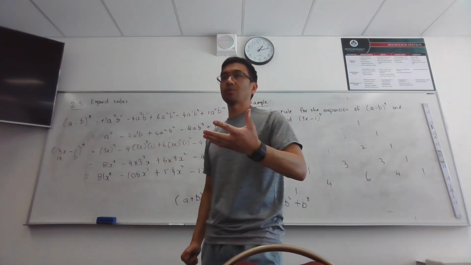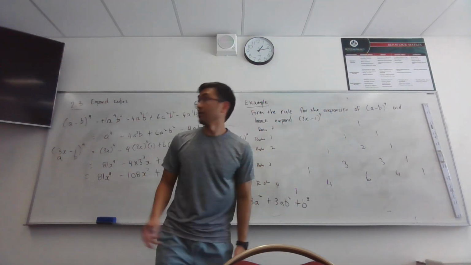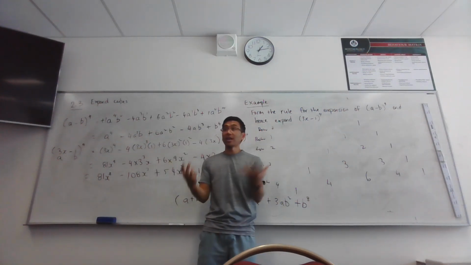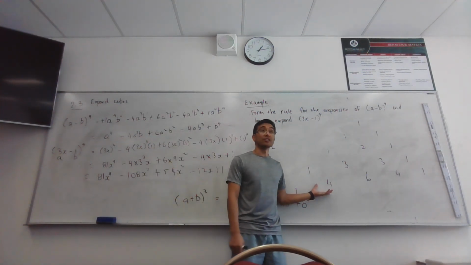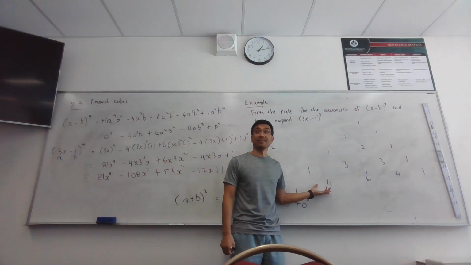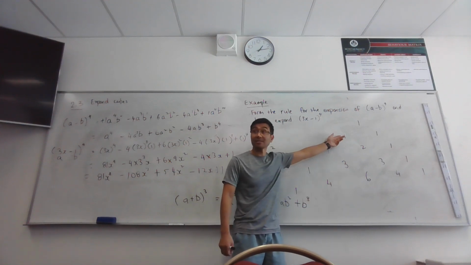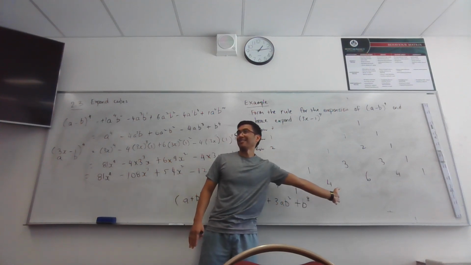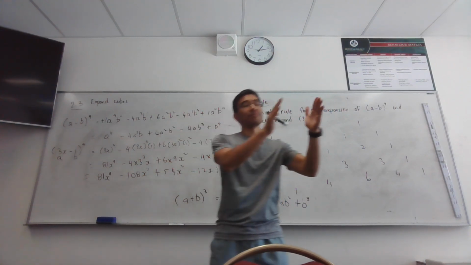Be ready in year 12 where they're going to insert a question like this. You won't have your CAS. You've got to start from scratch like Pascal did. You just need to know how it starts and how to label to get all your front numbers for each term.